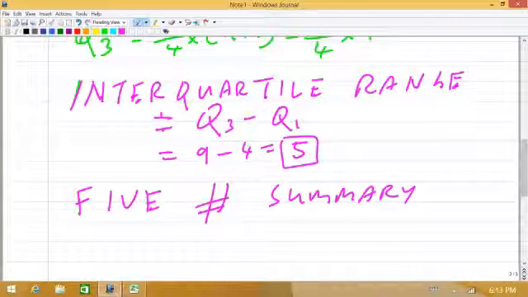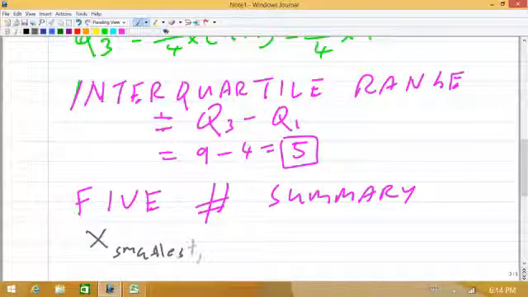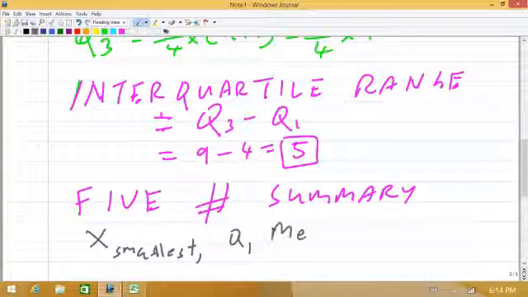So we look at the smallest value of x, followed by Q1, then we look at the median, then Q3, and the largest.